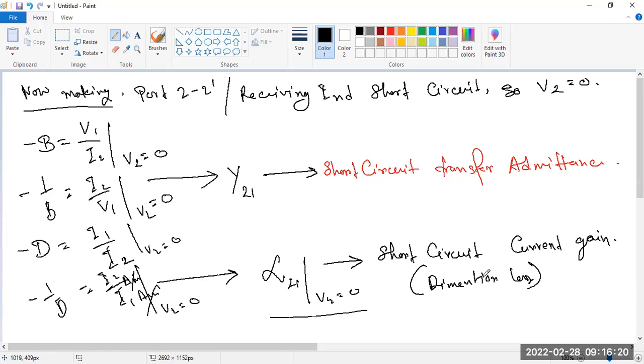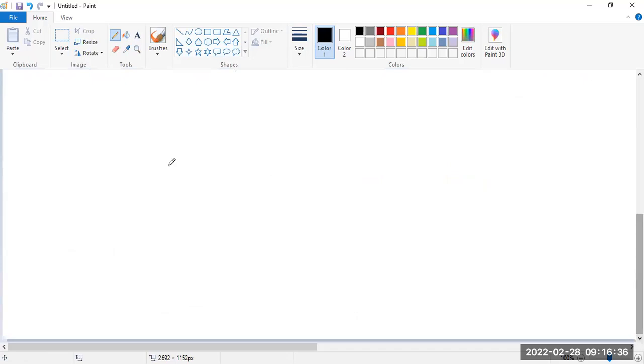Another thing is that there must be a cascade connection, because in the telephone system, microwave network, and radar system, they are using the cascade network. So what is a cascade network? Cascade network means one after another. So that is cascade connection.